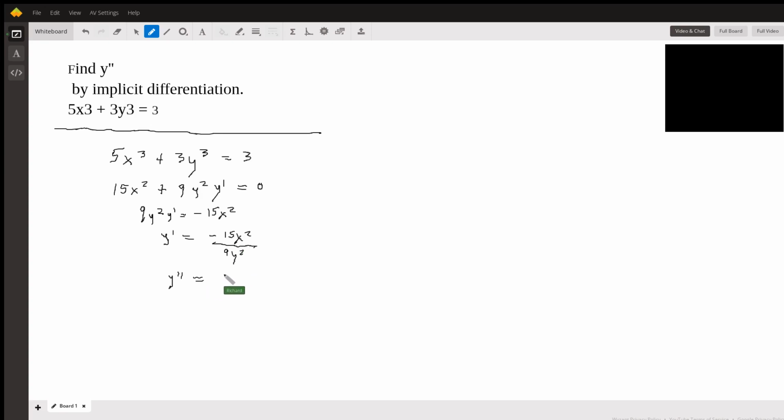And so it's going to be the denominator, 9y squared. It doesn't look like a 9. I'll make it 9.